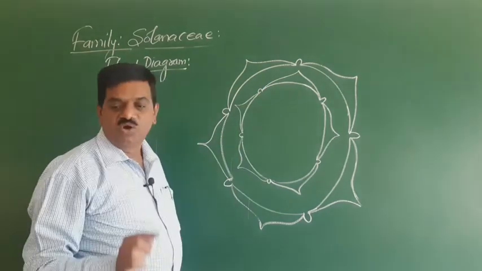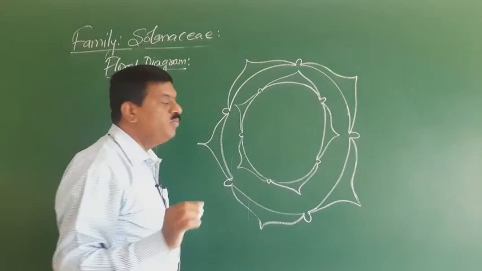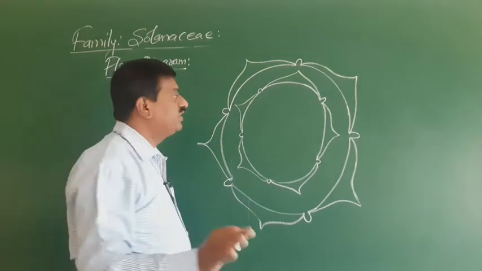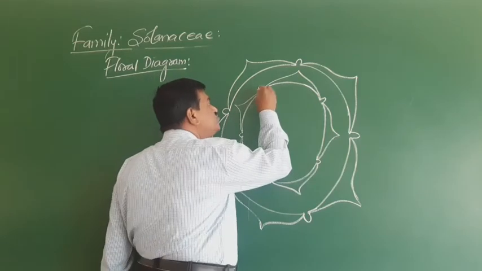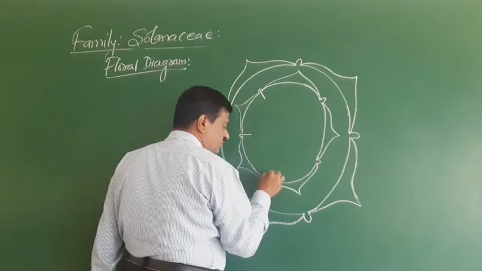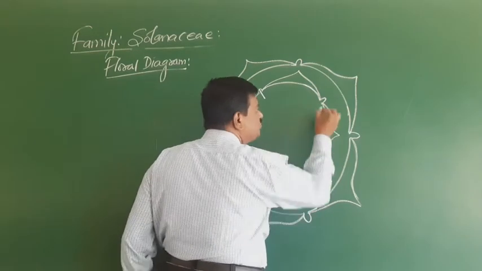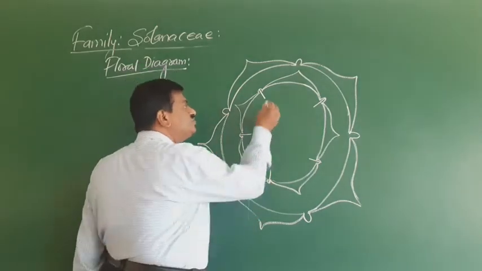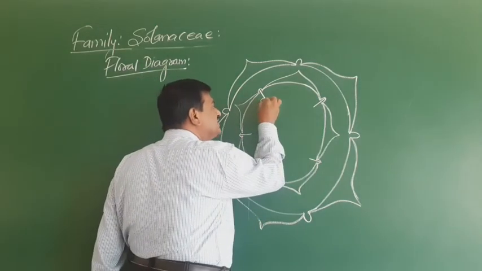Next to this we go for stamens. How many stamens are there? We know that there are 5 stamens. So we are going to see that these 5 stamens are attached to the corolla. Attached to the corolla, hence we use the word Epipetalous. Stamens are always represented like this.